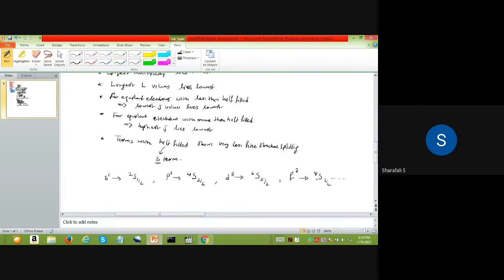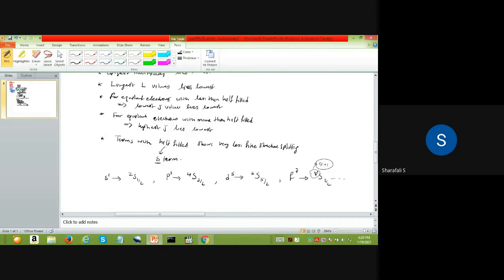So for half filled numbers of electrons, the corresponding terms will be like this. For S, it is 2S 1/2. If it is P3, then it is 4S 3/2. D5 is 6S 5/2. Just remember 1/2, 3/2, 5/2, and 7/2. Whatever is coming here, multiply that by 2 and add 1.